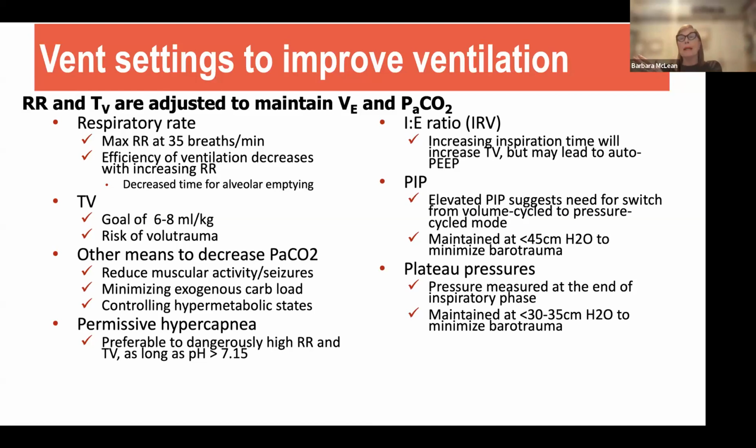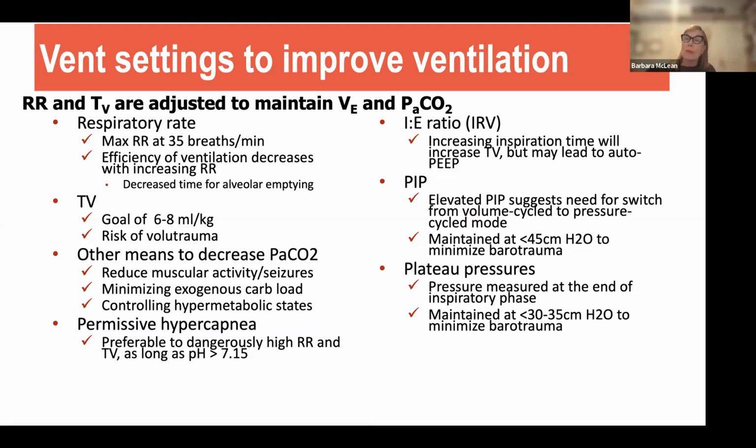The absolute max is 45 centimeters of water pressure. And one of the things that we can do, there are more than one, is when someone has a high peak inspiratory pressure, and that's not because they're coughing or chewing their tube or the tube's in the wrong place or they're combating the vent, they just have a high peak inspiratory pressure, we can reduce the tidal volume. We're going to take a look at that with the simulator.